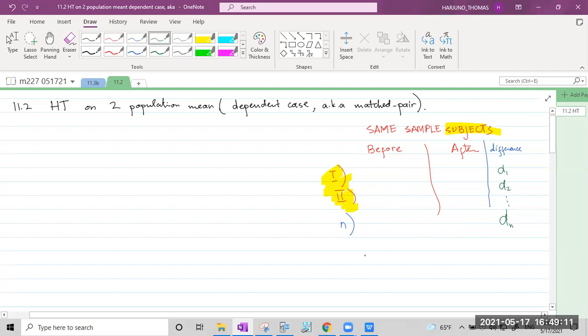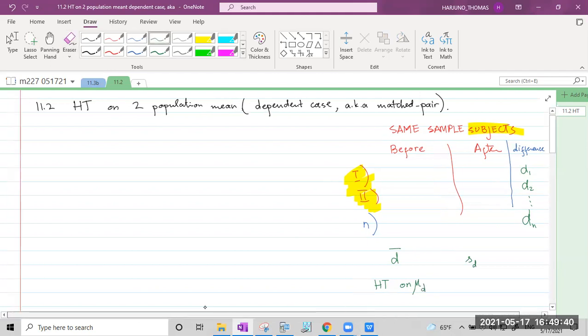From there, we will find d bar and the sample standard deviation of the differences. We will perform hypothesis tests on the mean of these differences, which we call mu d, where the d is a subscript.